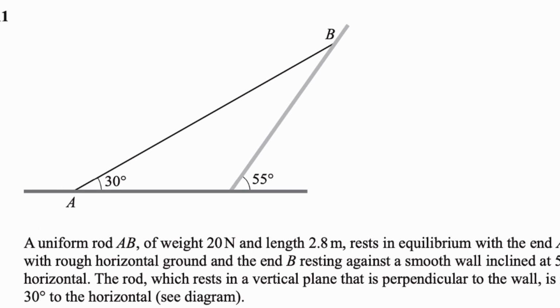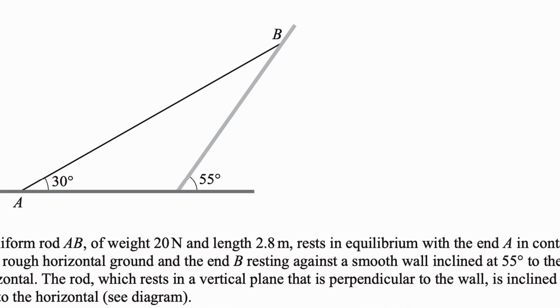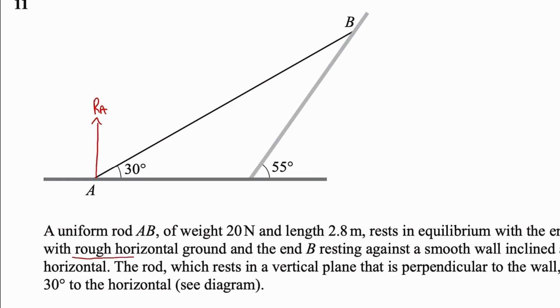So, just zoom in on my diagram and let's get some forces on. There is going to be a reaction force down here at A, which acts perpendicular to the ground, and we're told it's rough horizontal ground, which means that there is friction as well. So let's call that FA. It's a uniform rod, which means weight acts at the center, and we're told that the weight is 20 newtons.